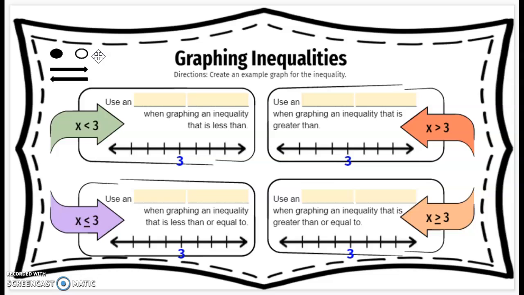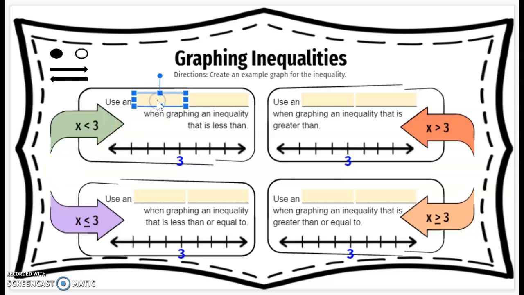This is extremely important. Remember how we talked about this less than sign right here does not have a line under it, and this less than sign does have a line under it. If it has a line underneath it, it is a filled in circle because it's an equal to, which means when I graph it, it includes that number that I have on my number line.